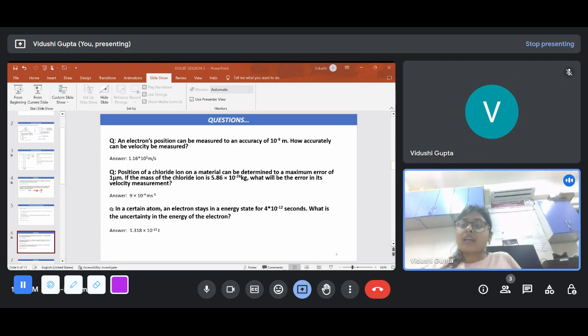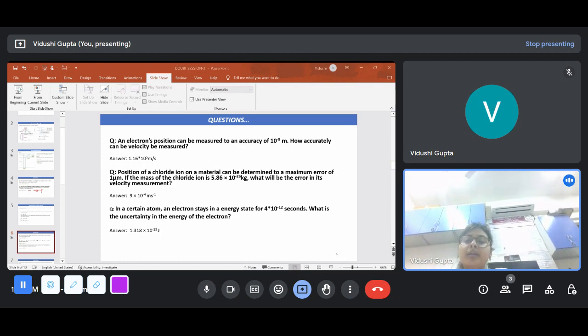A 150-gram baseball traveling at 220 meters per second is measured to an accuracy of 0.065%. Calculate the uncertainty in the position of the baseball. So here you have to calculate del x. For x, we know the formula.